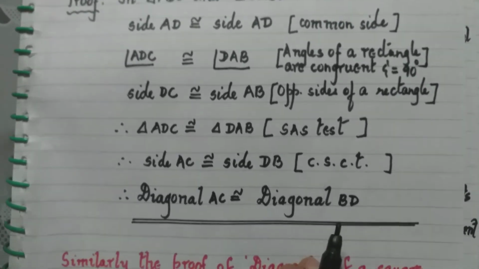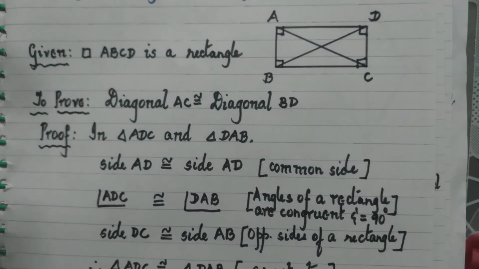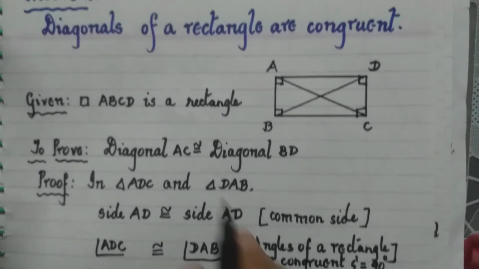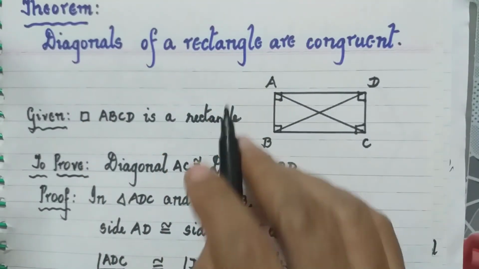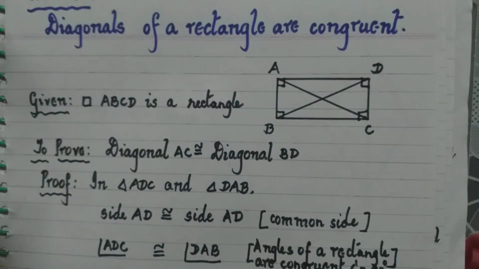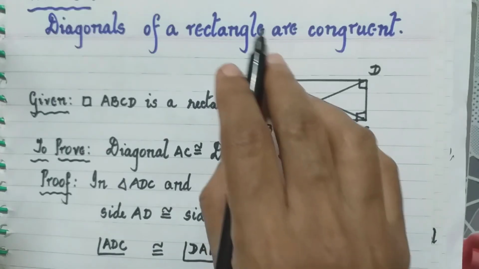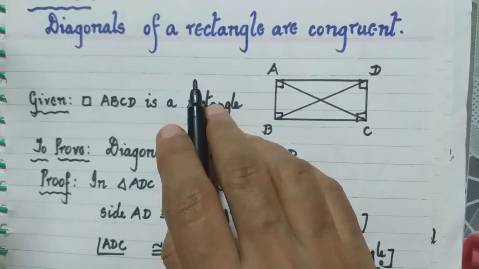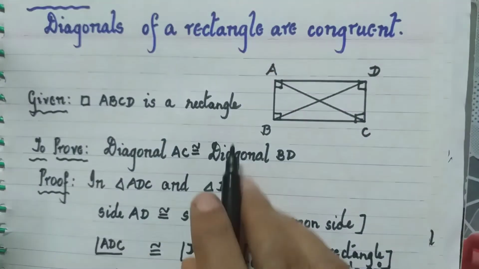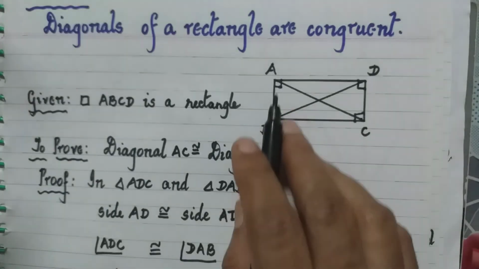Now this was for a rectangle. In a square also, if I have to prove the same thing, that is diagonals of a square are congruent, the same process you will follow as I have done. What you will do each time? Only substitute the word square and write rectangle. So here it will be diagonals of a square are congruent. Then we'll write quadrilateral ABCD is a square.